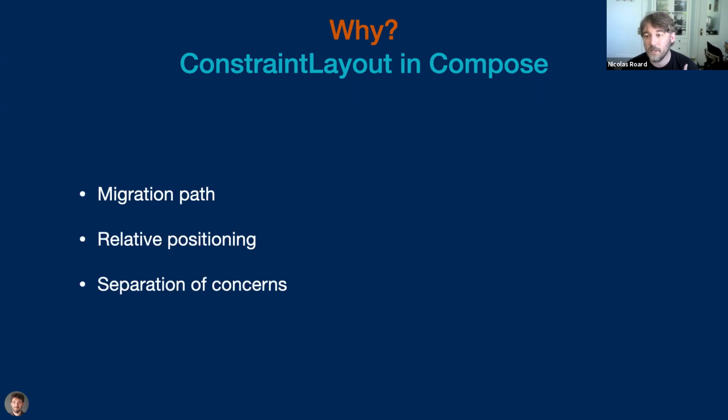Anything that is easier to express in terms of relative positioning is really, really handy. Obviously, one other aspect is if you do know constraint layout and you are really comfortable expressing your UI rules and how the UI is going to adapt to different layouts, and you want to bring that to Compose, well, constraint layout in Compose provides that as well.